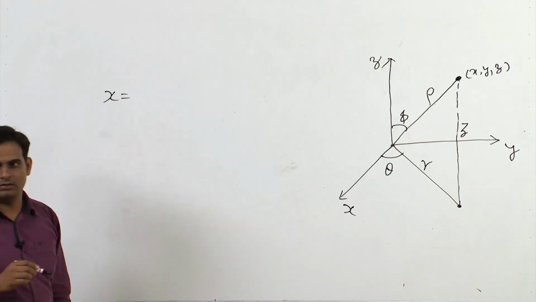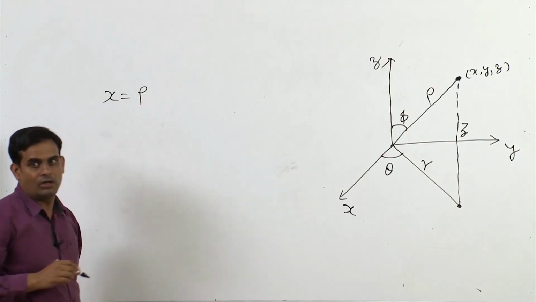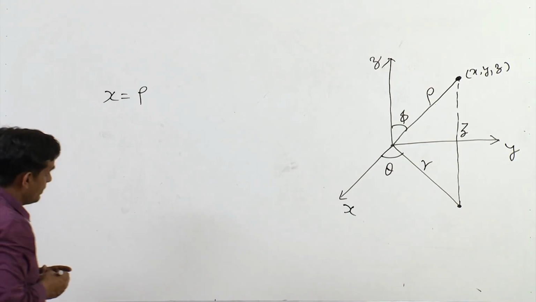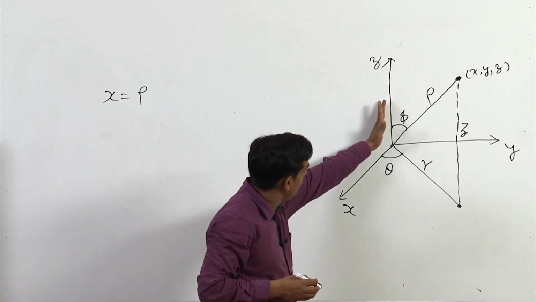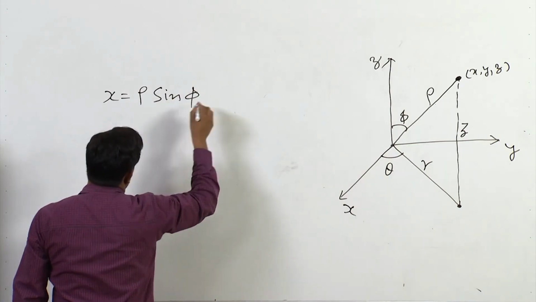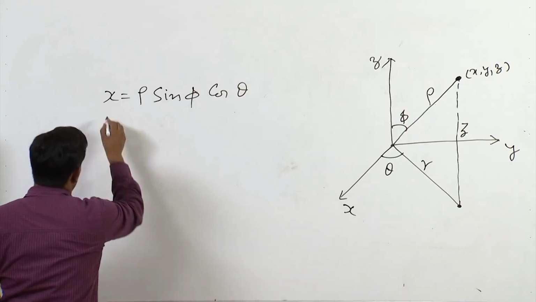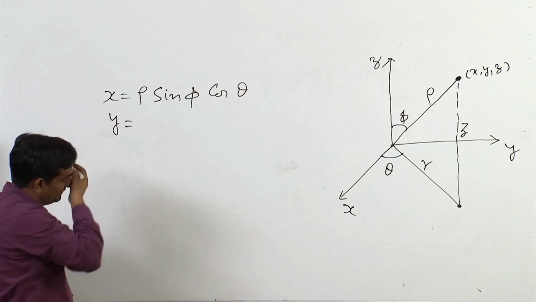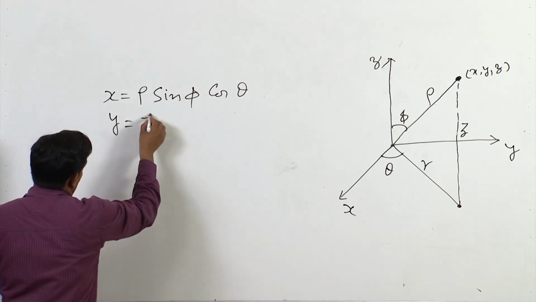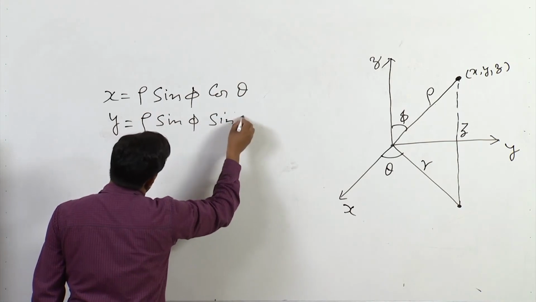So what will I have? X equals rho sin phi cos theta, then my y will become rho sin phi sin theta.